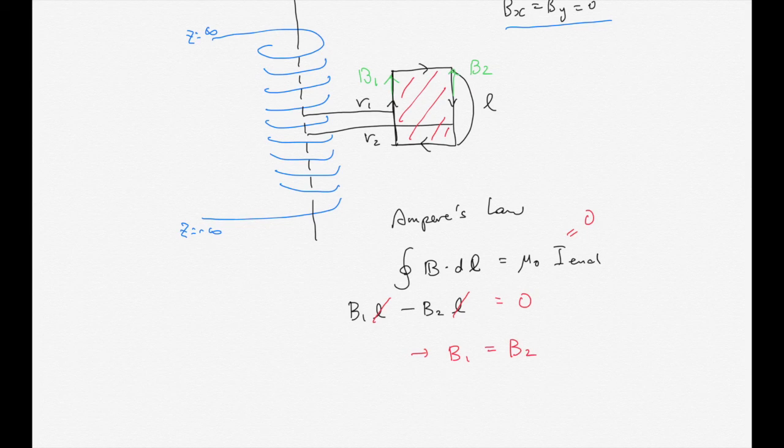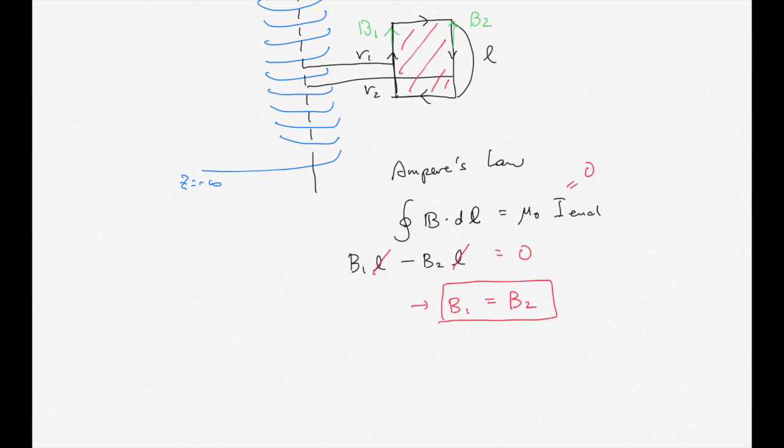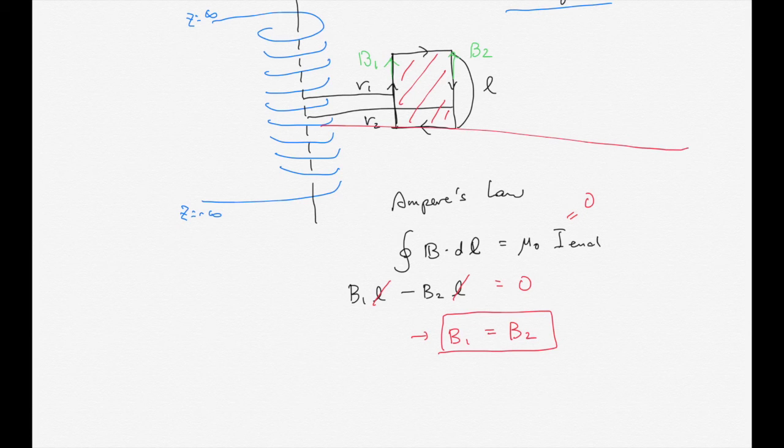So the magnetic field outside of the coil has to be a constant value. Then we could consider going really far away, to infinity. At that point we don't know much about the existence of the coil, so at infinity B has to be 0.